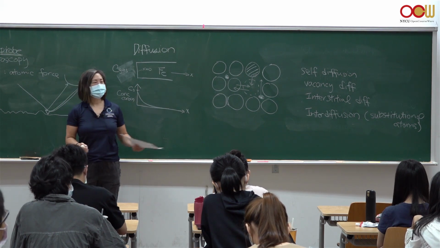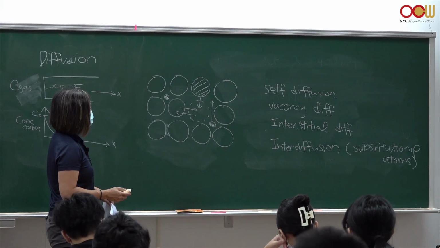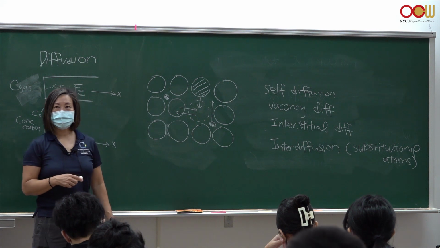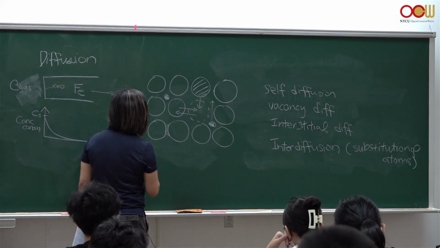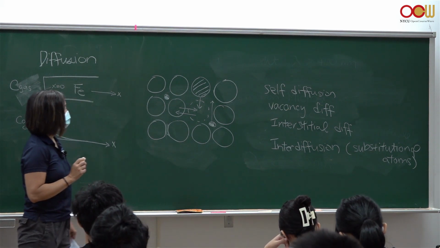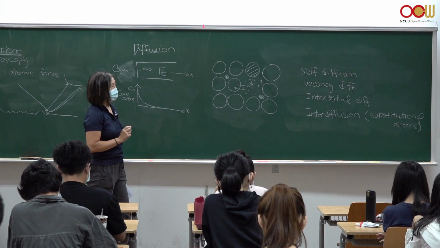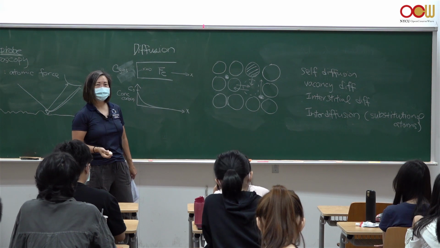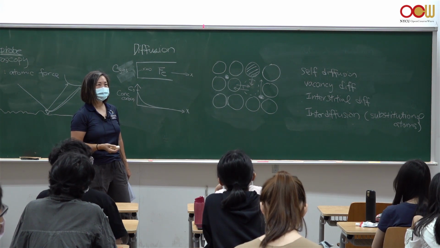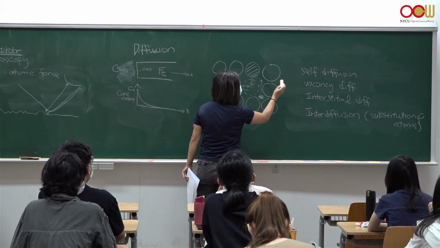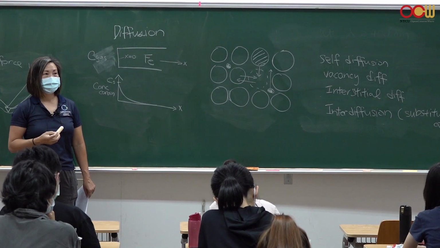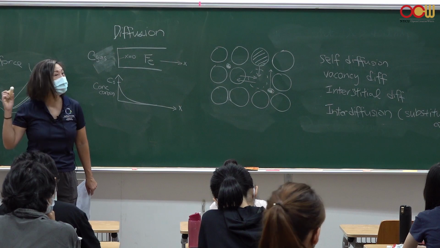So just looking at this diagram, we know that it takes a certain amount of energy for any atom to move, right? So which one would you expect to have the lowest activation energy for diffusion? Which one of these four kinds? What is it?